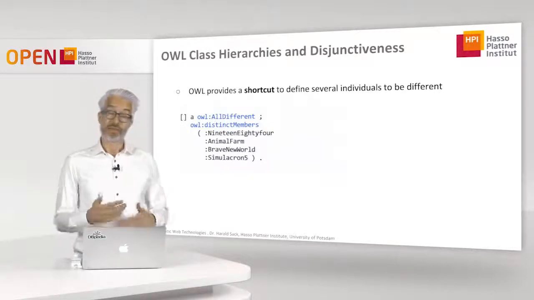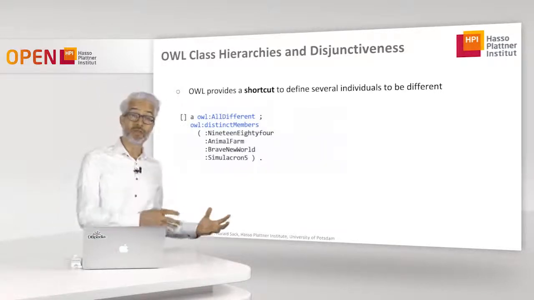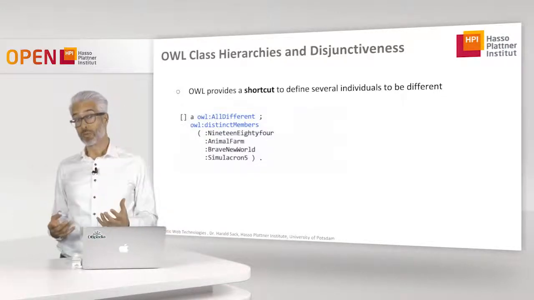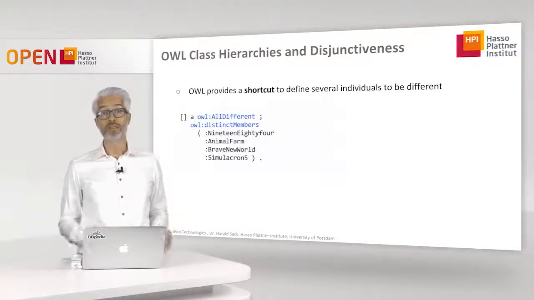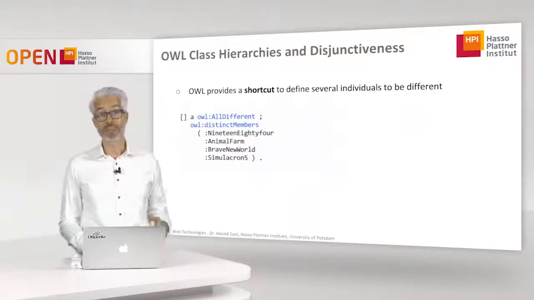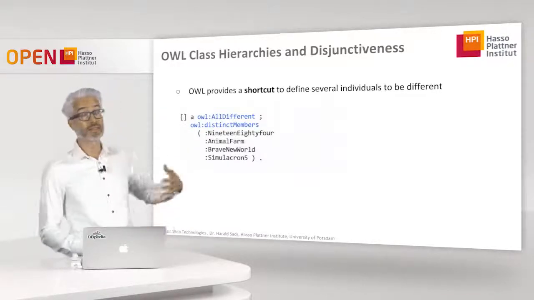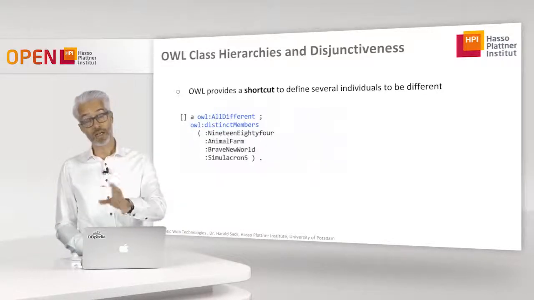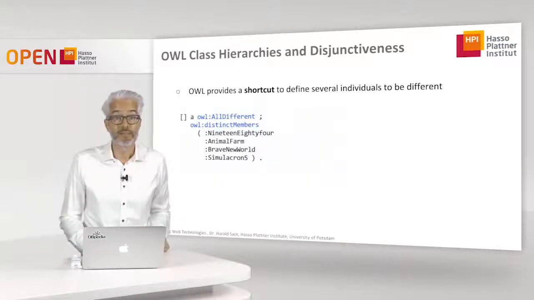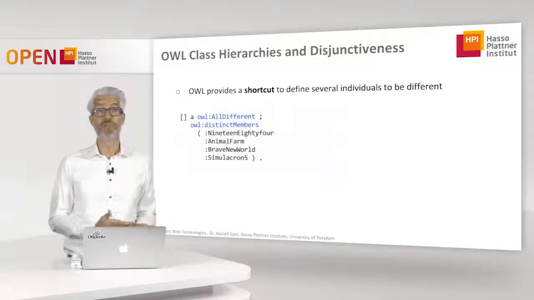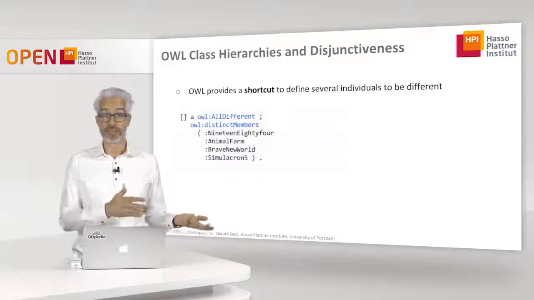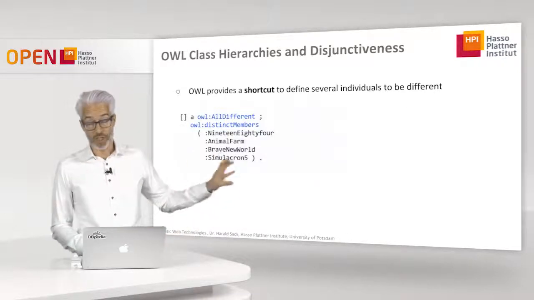Okay, now, of course, if in the course of the definition of an ontology you define many, many individuals and you want to define them all to be different, you would run into the same problem as in the disjointness problem with the classes. So also for the individuals, OWL provides a shortcut. And this, of course, is owl:AllDifferent. In owl:AllDifferent, you define it in the same way as you did with disjointness.